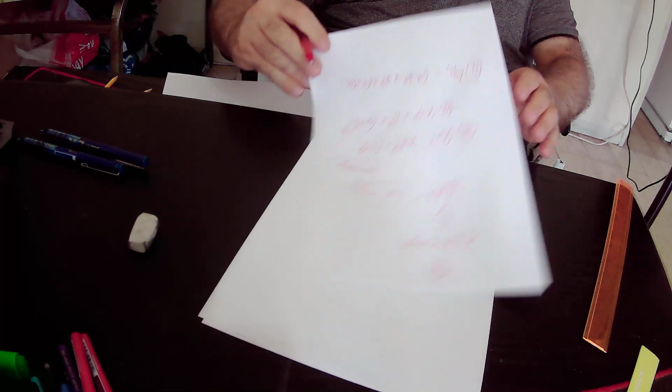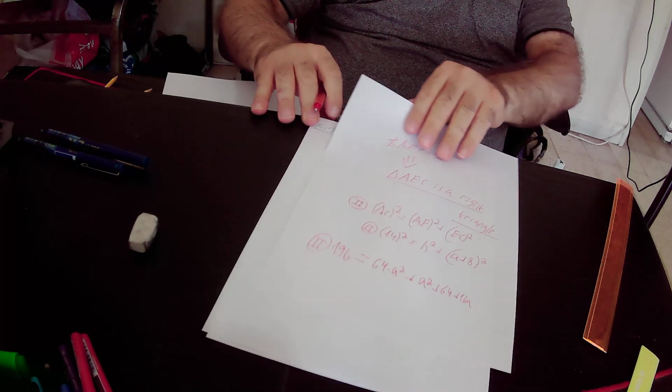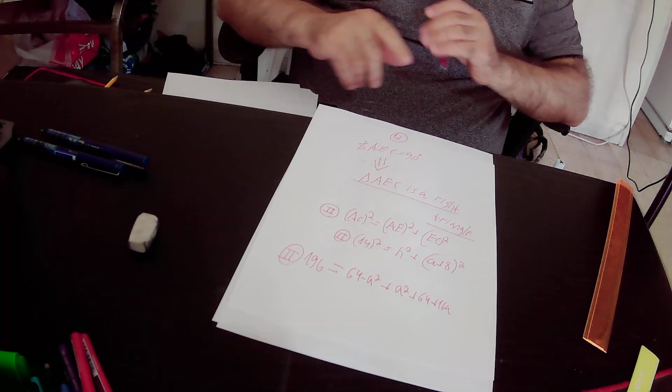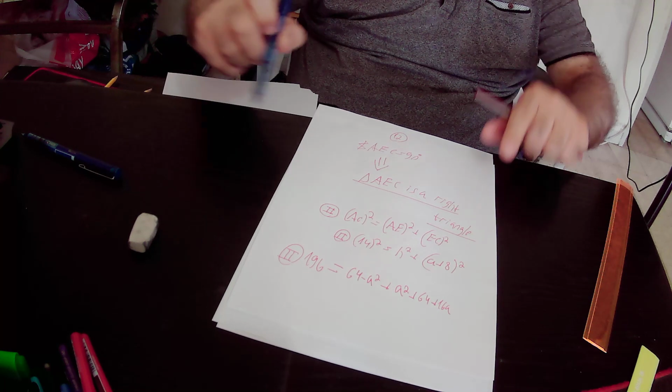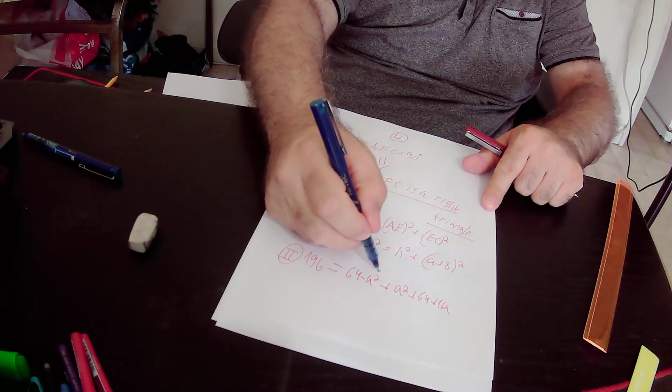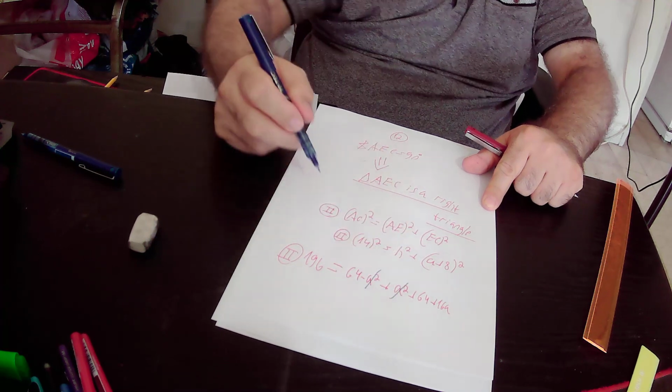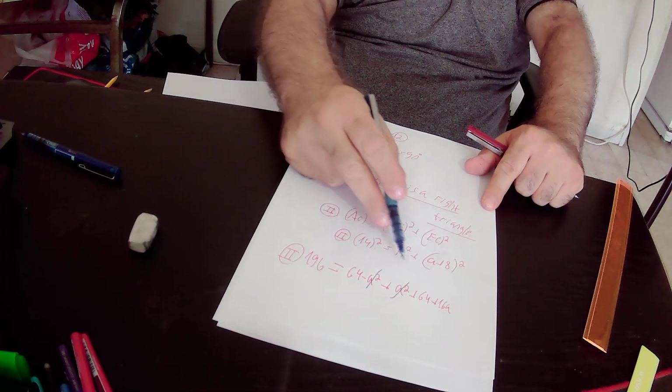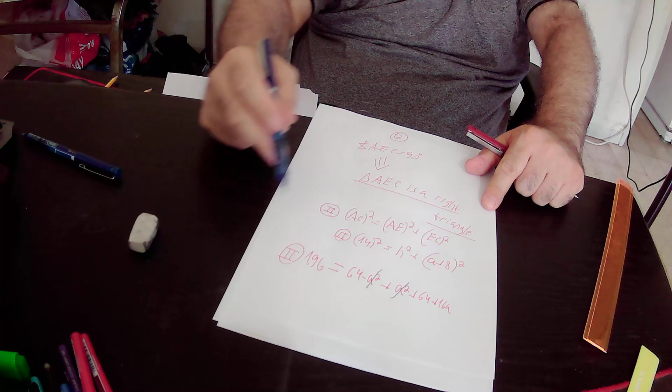Okay, so in total we got this equality. Actually, here we have minus A squared plus A squared is 0, so A squared is cancelled. And 64 plus 64 is 128.